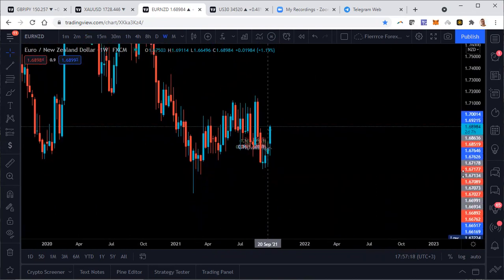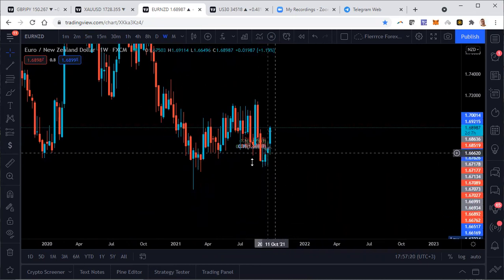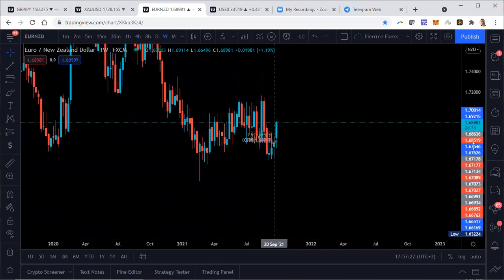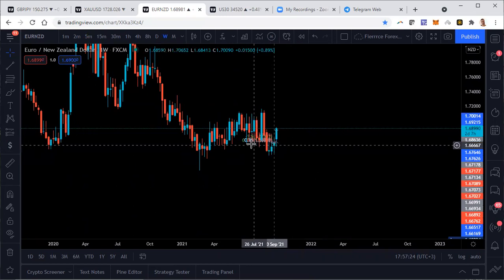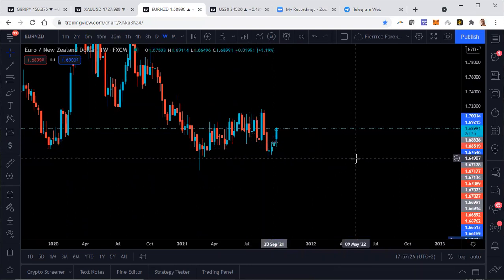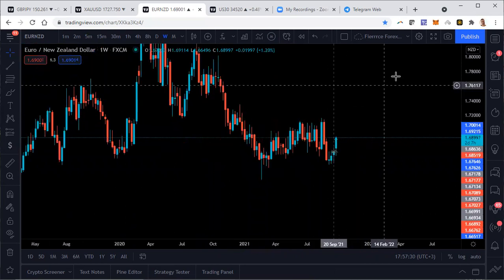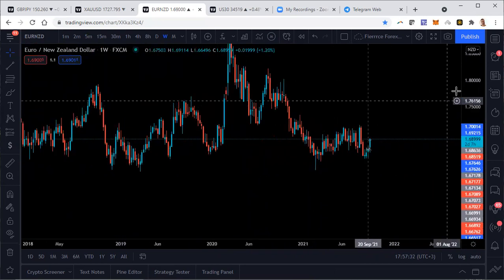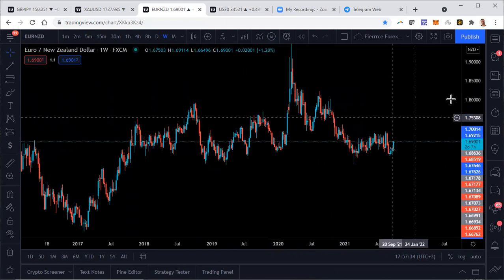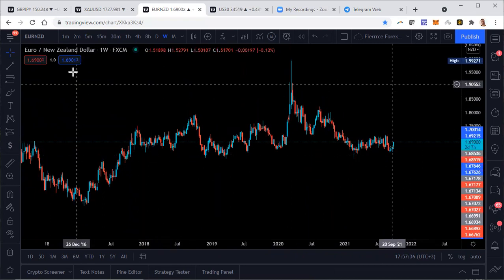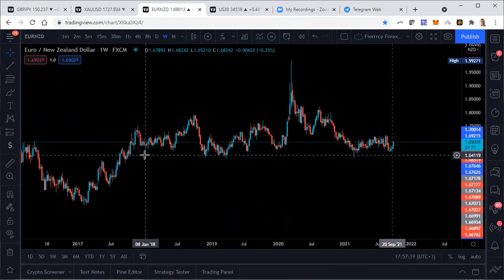And we can see what has been happening on the weekly. So technically, let me just delete this so that we can see this a bit better. On the weekly time frame, just very quickly, we can see what's been happening with Euro NZD.